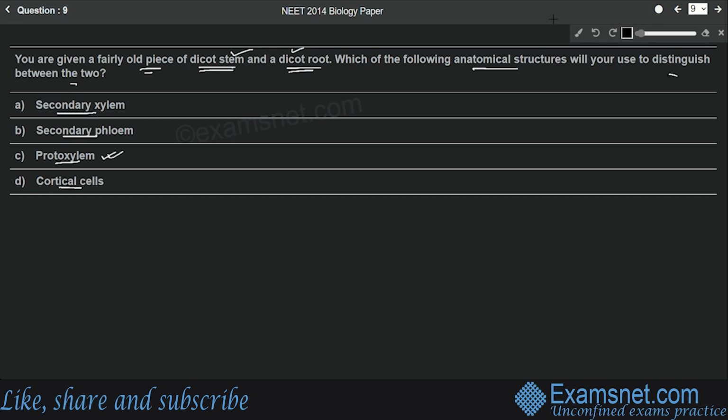So what is protoxylem? The xylem that is formed first. And metaxylem is formed later, that means after protoxylem. Now what happens in case of dicot stem? In case of dicot stem, the protoxylem is present on the inner part, so it lies towards the center.